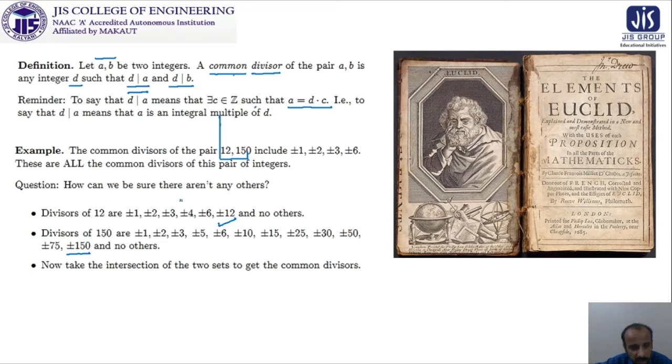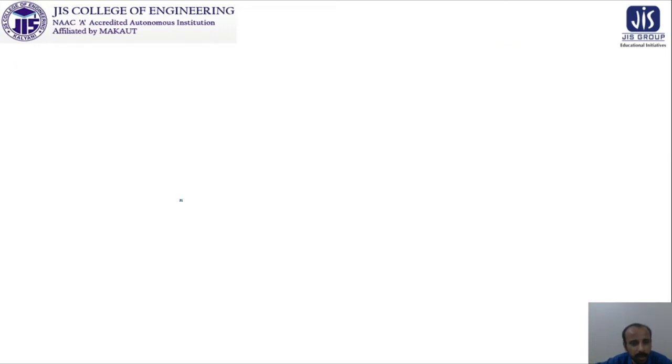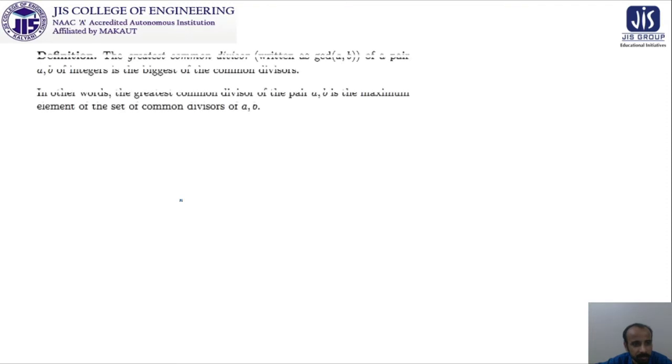Clear? Now if we proceed further, our requirement is the greatest common divisor, so we write it as GCD. It is nothing but the biggest common divisor. So if we take the set of common divisors, in that set we have to find the biggest one.